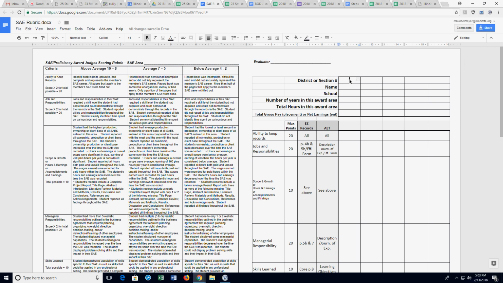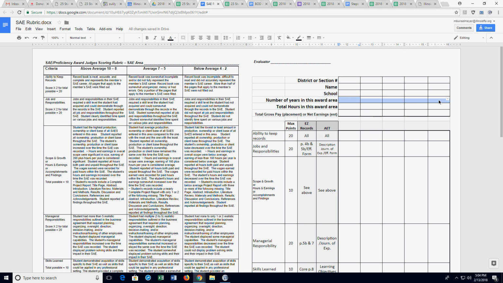If you're judging at the district level, please place the section number of the student in the top row. Beneath that, place the name of the student. Beneath the name of the student, we're going to place school. Beneath the school, you're going to place the number of years in the award area.